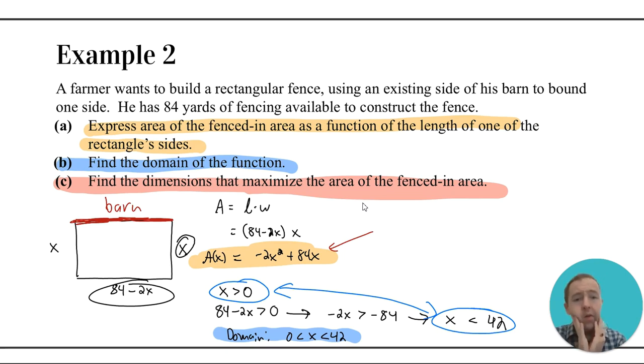And so we get a parabola. And then furthermore, because the coefficient of that x squared term is negative, for negative 2, we know this parabola opens upside down. So we would be able to maximize the area at the vertex of that parabola, so at the highest point.